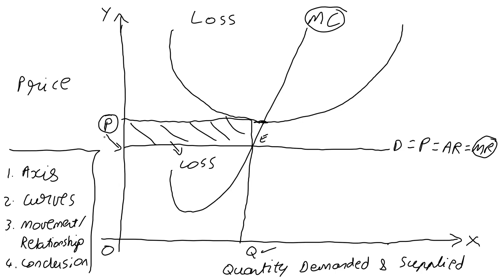Just so that everyone understands properly, I'm going to draw this diagram one more time. Remember, we have to start from scratch. Rarely do we have to show a situation where you are in normal profit and then go to abnormal profit or loss.